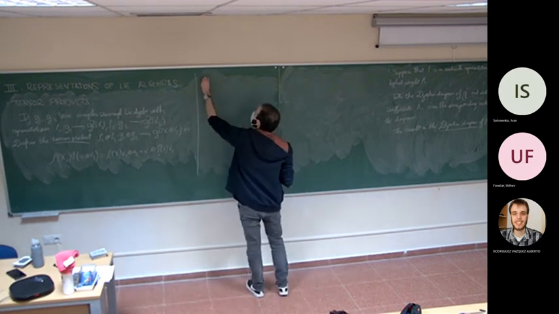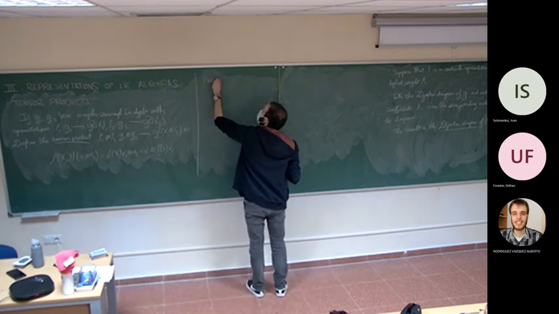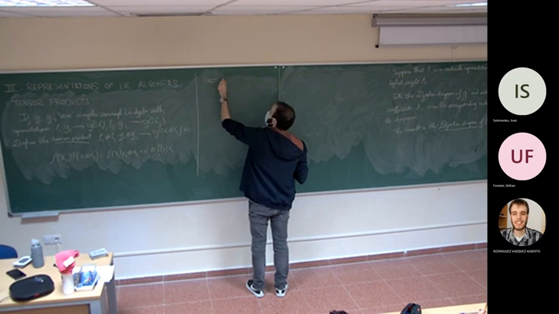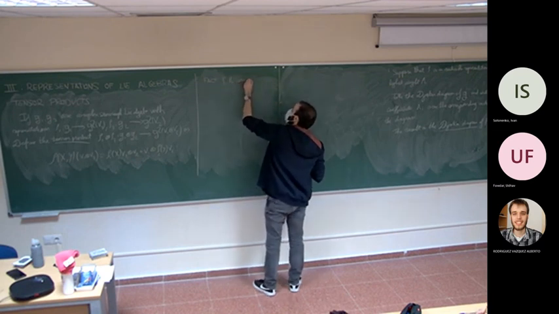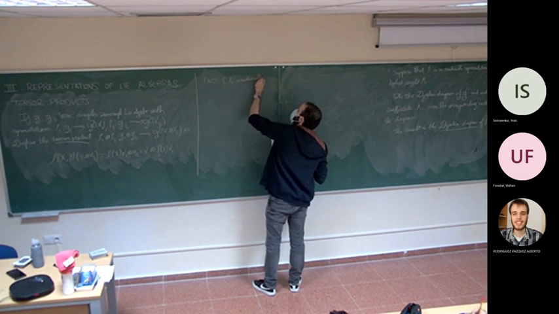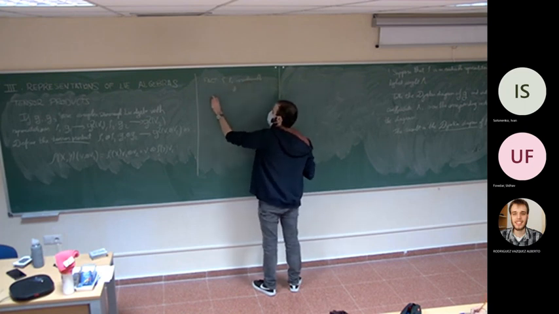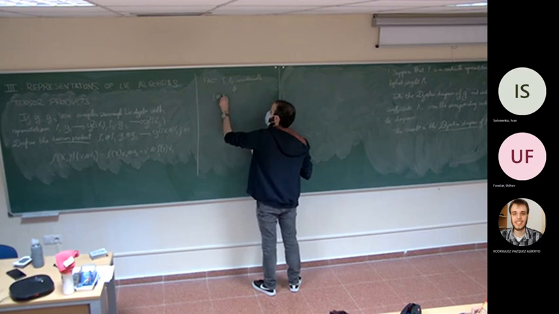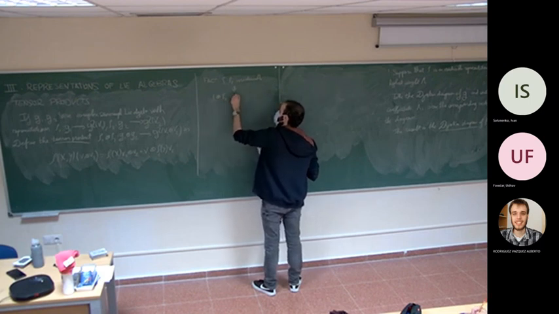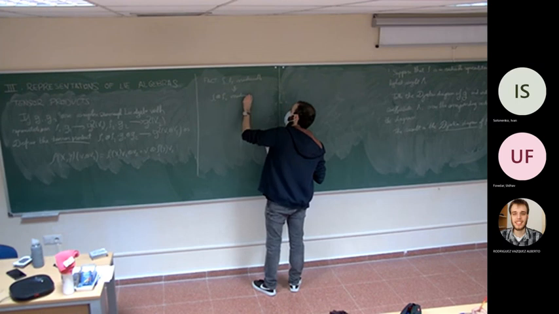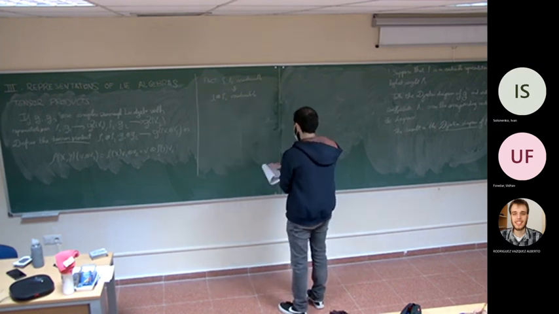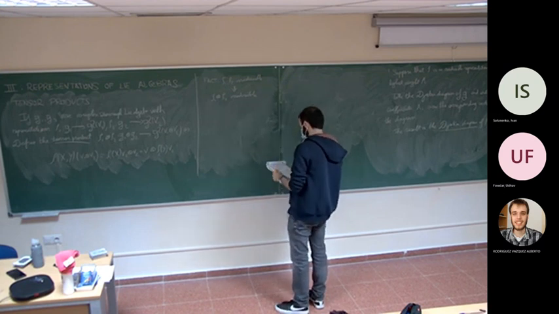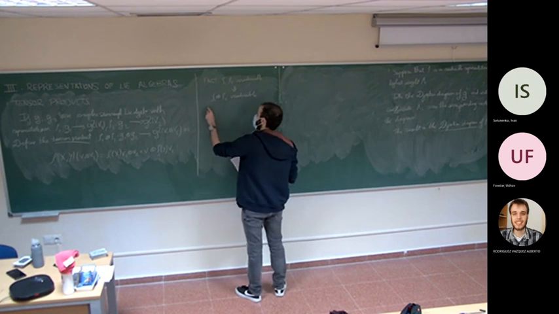In fact, if rho 1 and rho 2 are irreducible, then its tensor product, rho 1 tensor rho 2, is irreducible. And who is the highest weight for this representation? I'm running out of chalk.